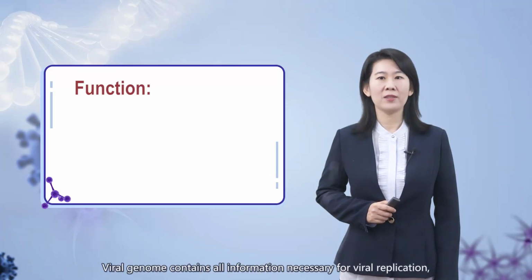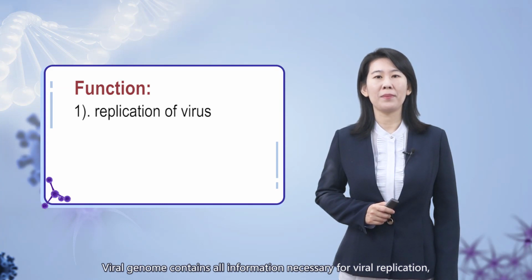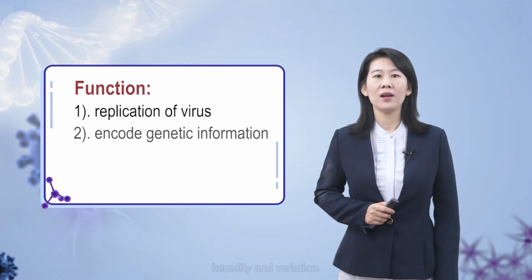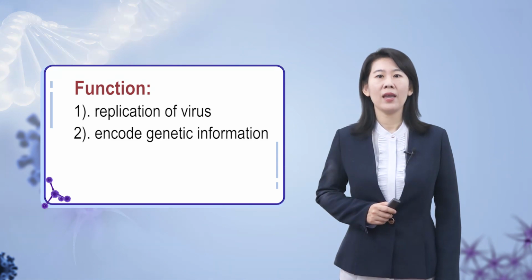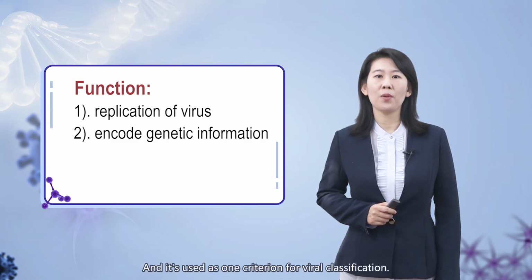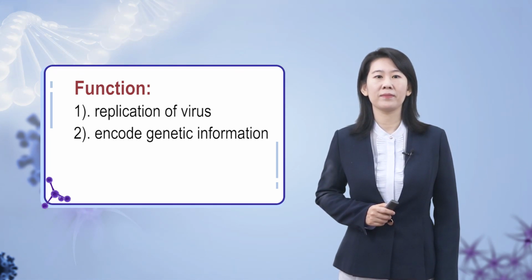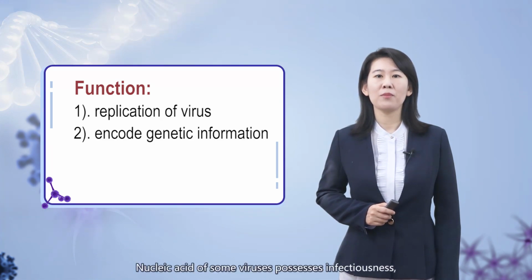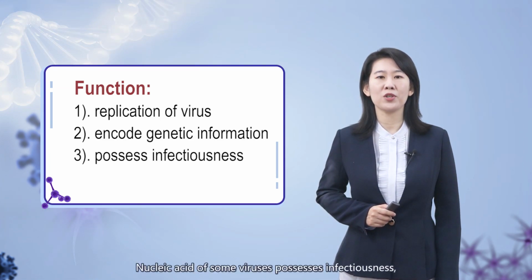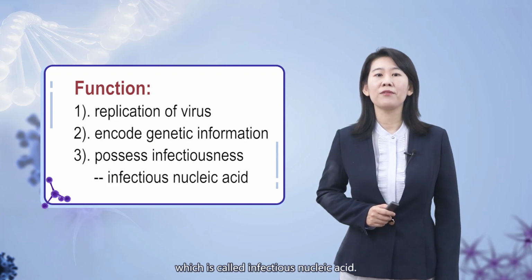Viral genome contains all information necessary for viral replication, infection, heredity, and variation, and is used as one criterion for viral classification. Nucleic acid of some viruses possesses infectiousness, which is called infectious nucleic acid.